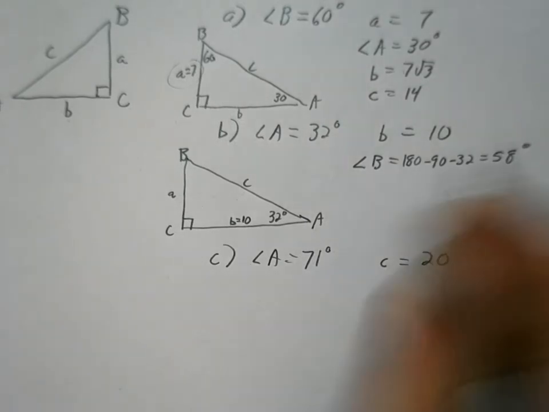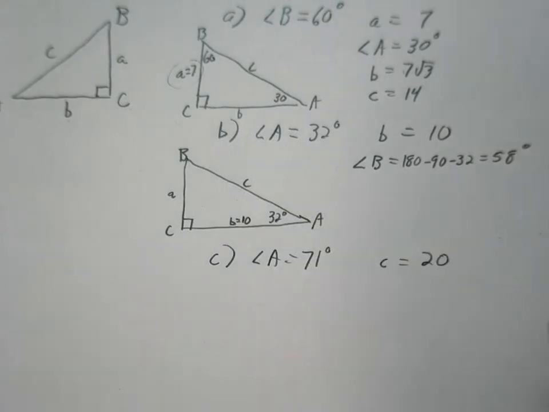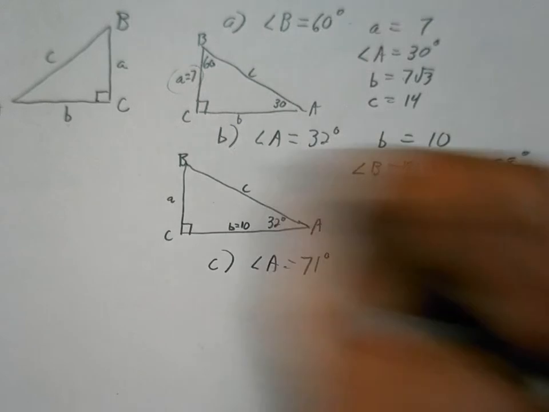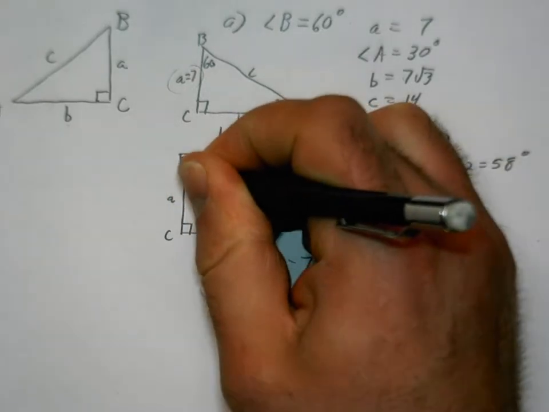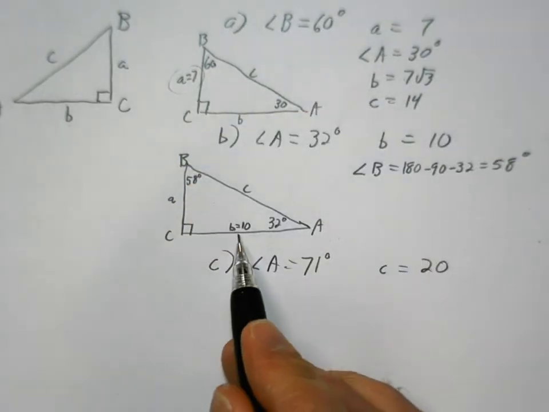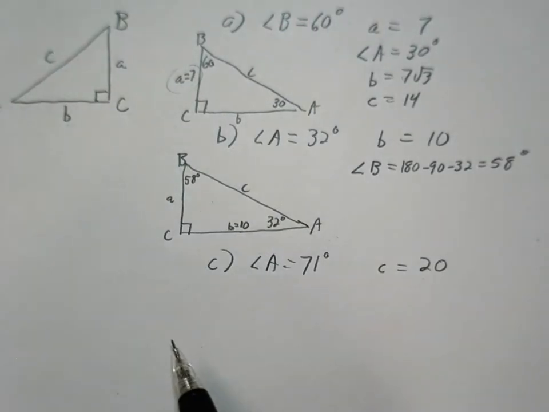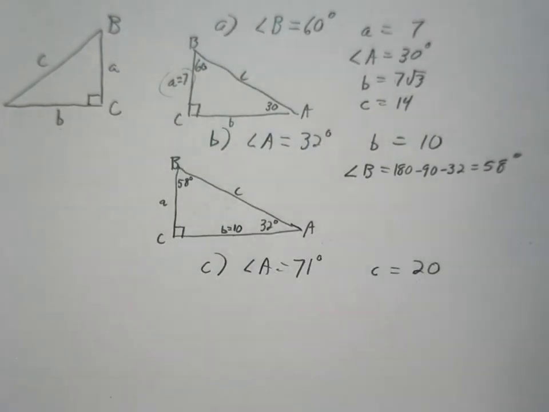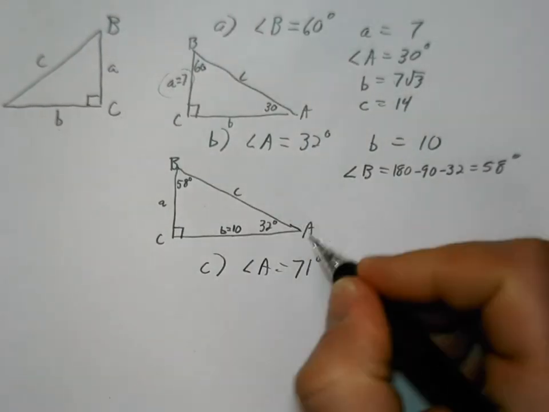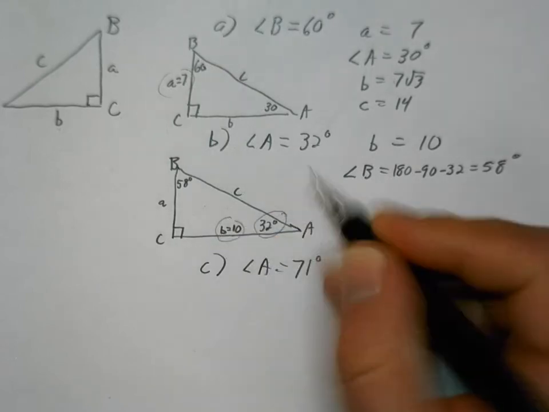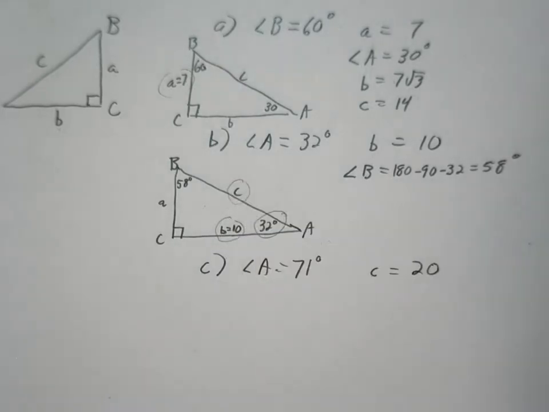Okay. Now this is where we're going to get into some trigonometry. We need to find the rest of the parts. So angle B is 58 degrees. I can't use the Pythagorean theorem because I only have one side out of the three. So I need to use a trig ratio. So if I'm going to use angle A as my reference angle, side B, and I want to find the hypotenuse, which trig ratio do I use?